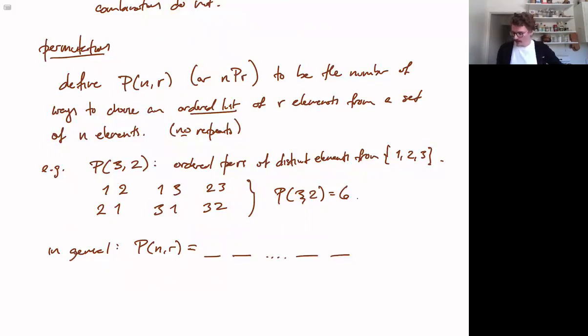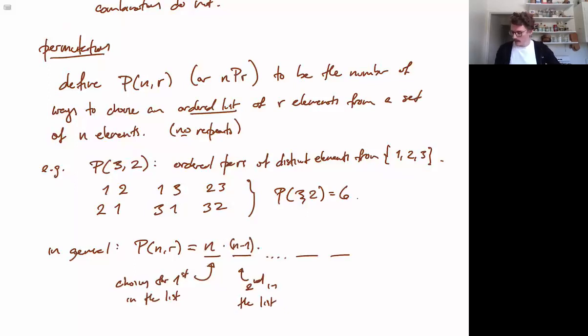So how many choices we have for first in list. Well, there's n elements in the set, and we can choose any of them, so there are n choices. How about second in the list? Well, since we're not allowing repeats right now, we have n minus 1 choices.